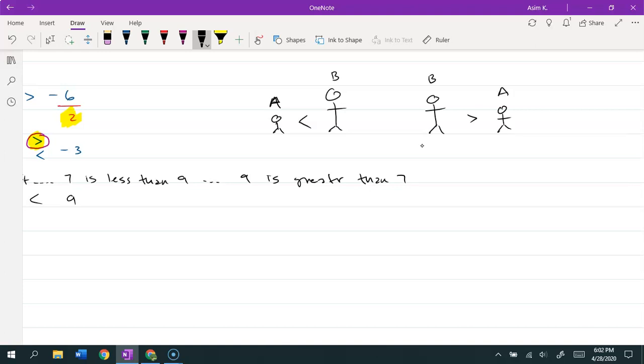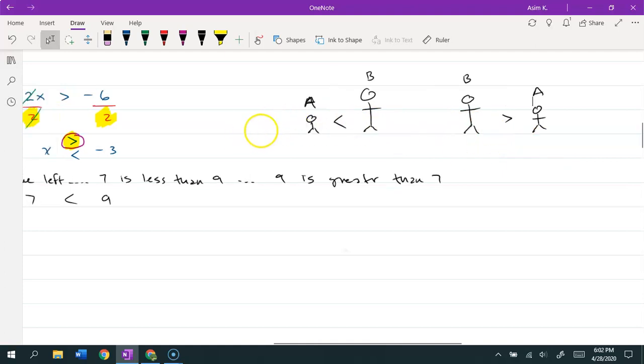Otherwise, people will always read this as A is shorter than B. They're not going to read it as B is taller than A. So these are both equivalent. They're both saying the same exact thing. Both of them are true, but it's really the way that you write it.